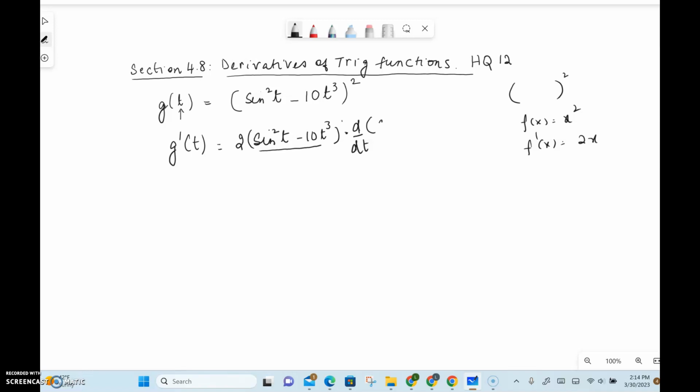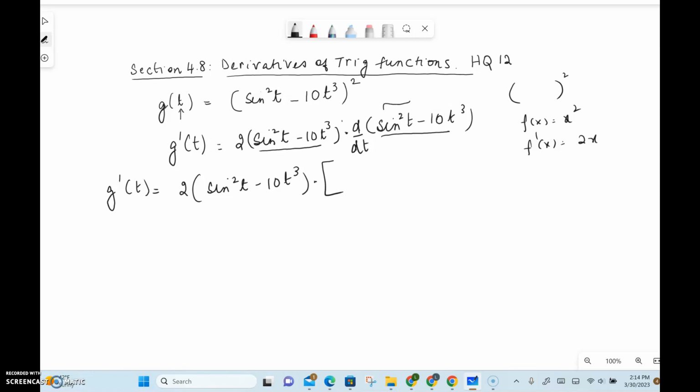So it's d by dt of the inner function sine squared t minus 10t cubed. In the next step, g prime of t is equal to 2 times sine squared t minus 10t cubed times d by dt of the function of t. Now notice that it's a difference.